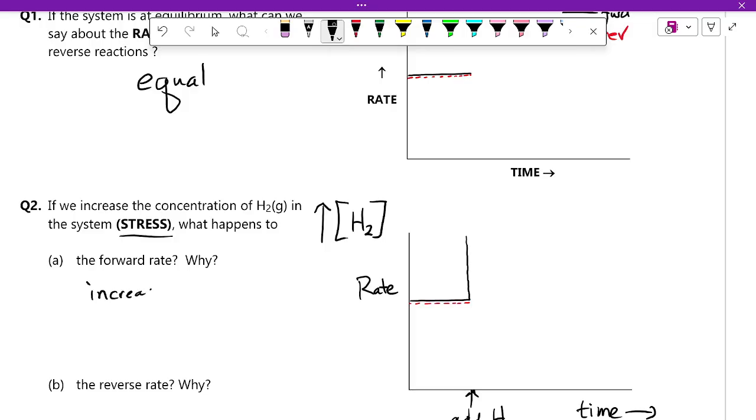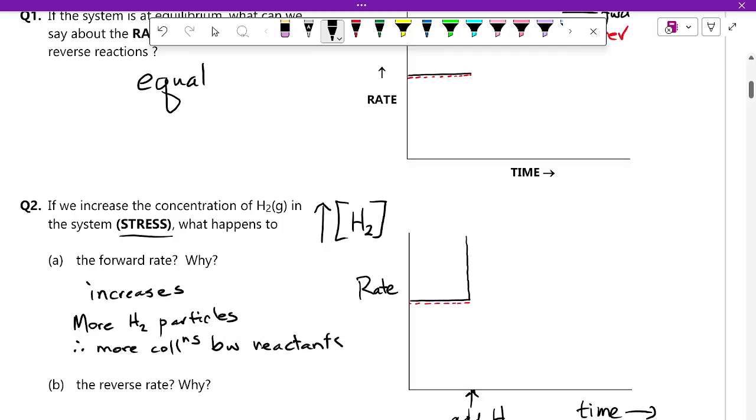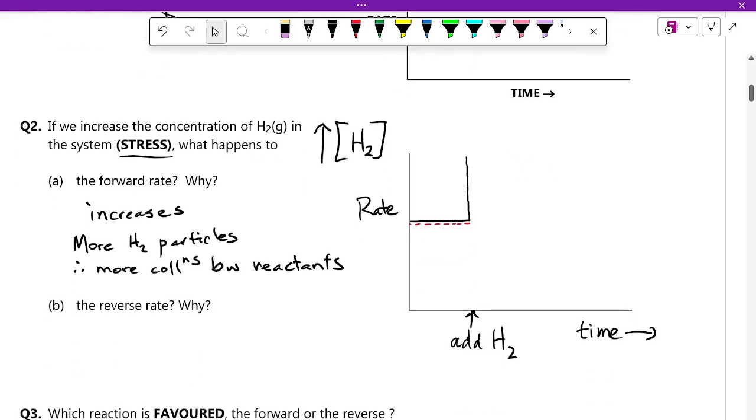Because the concentration of H2 goes up. There's more H2 particles. Therefore, more collisions between reactants.